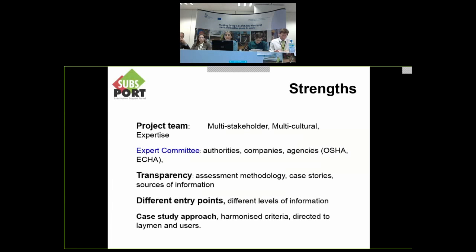So the strengths. I believe we had a very good project team because we had different stakeholders. We had expertise from the environmental movement, from trade unions, from consultancies, and Coop had already a long experience with developing substitution tools like CleanTool.